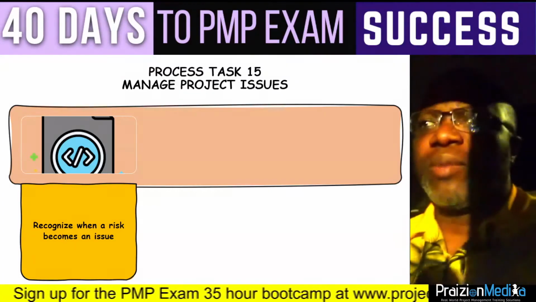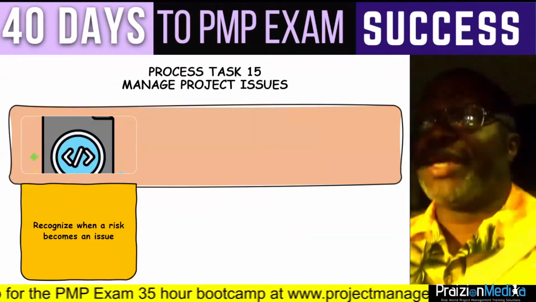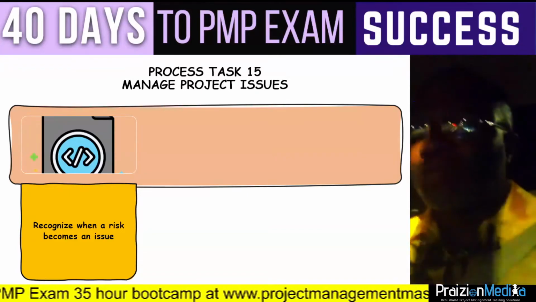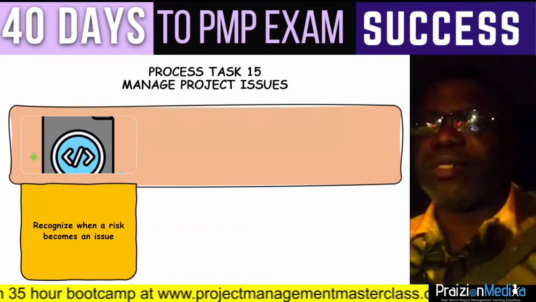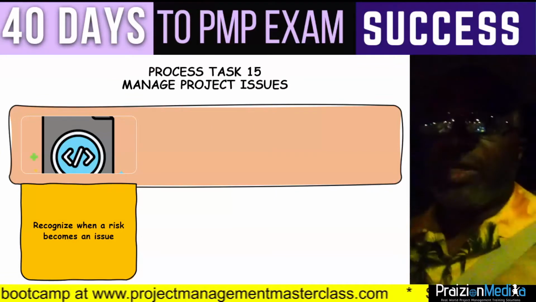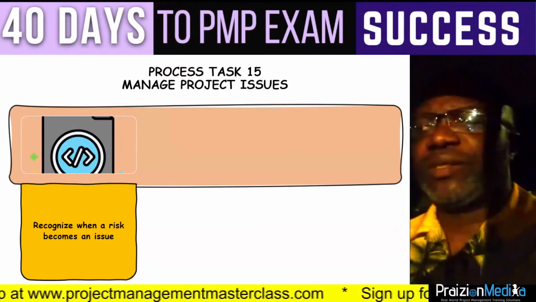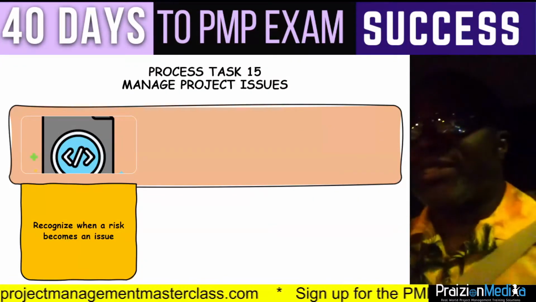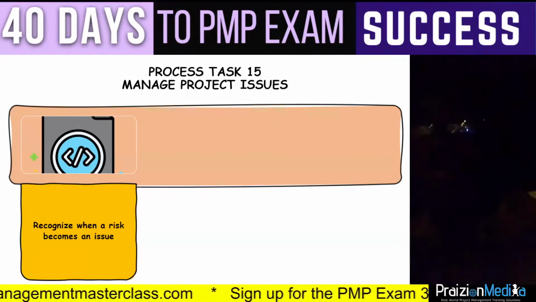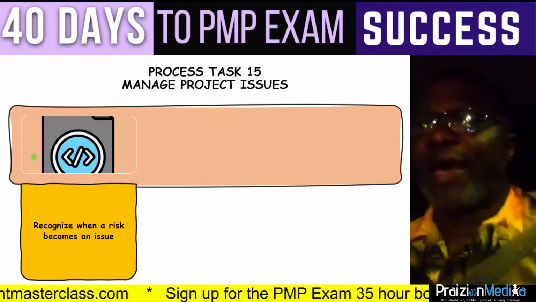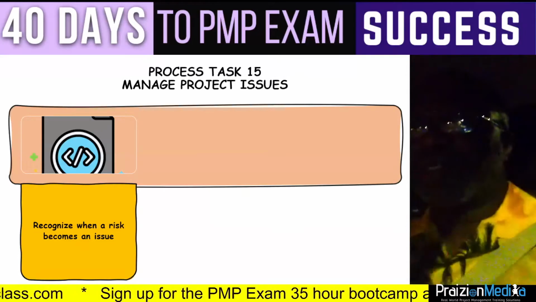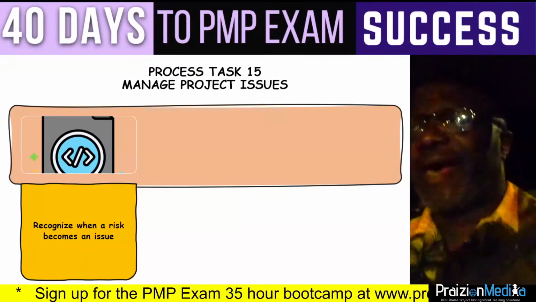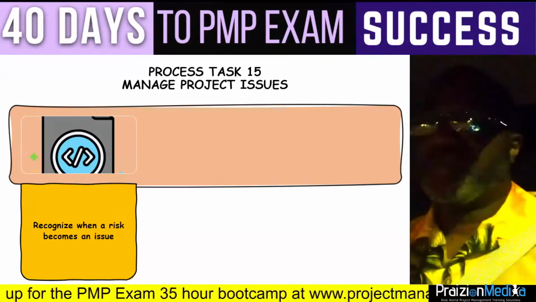Now, if the probability goes all the way to 100% certainty and it does happen, then you as the project manager, you're going to have to be vigilant to have seen, okay, it happened, it's now an issue. Your next step, you got to attack the issue.